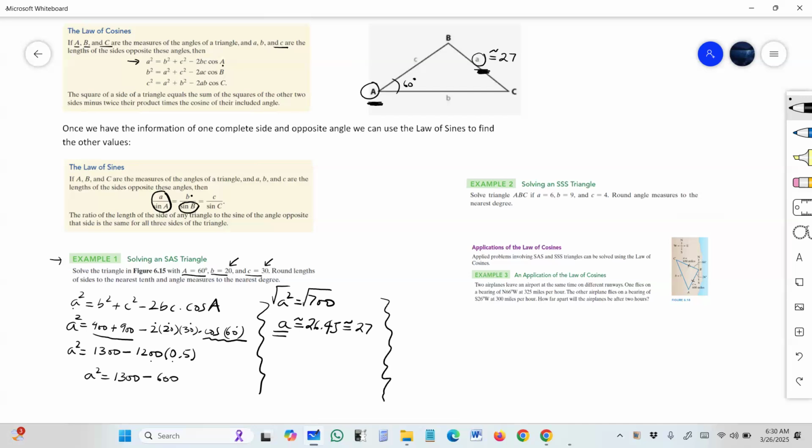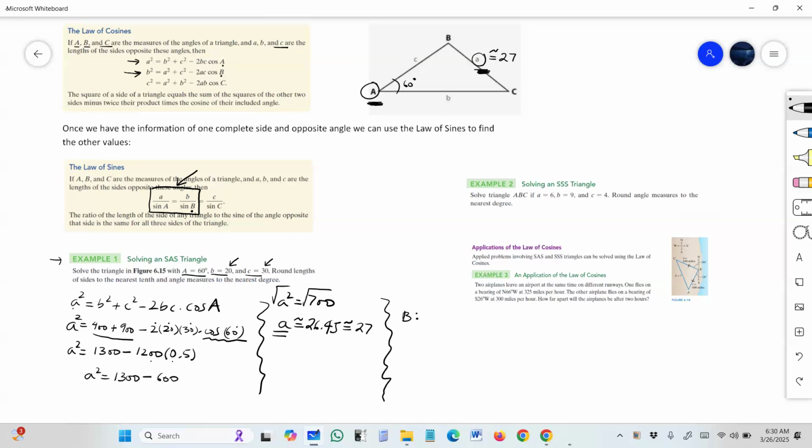I'm going to use this part of the law of sines to find the angle B. Notice that you could have also used the second formula of the law of cosines to find the angle B. It's also possible, but I have a feeling that the law of sines is a little bit easier, and I can cross multiply. So I think it's going to be a little faster. So let's use the law of sines to find the angle B.